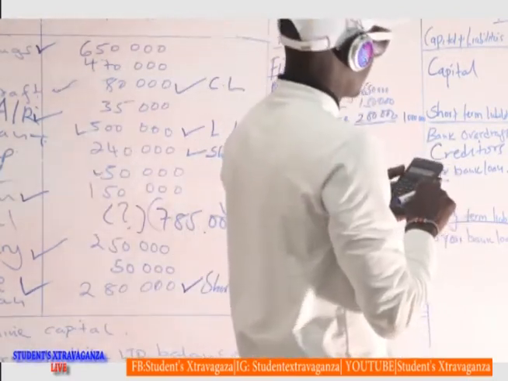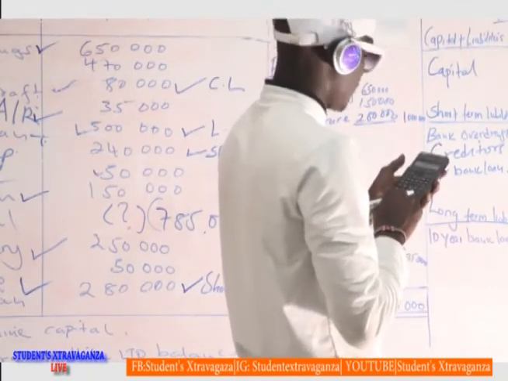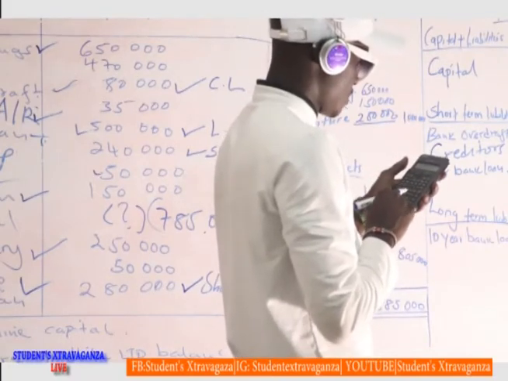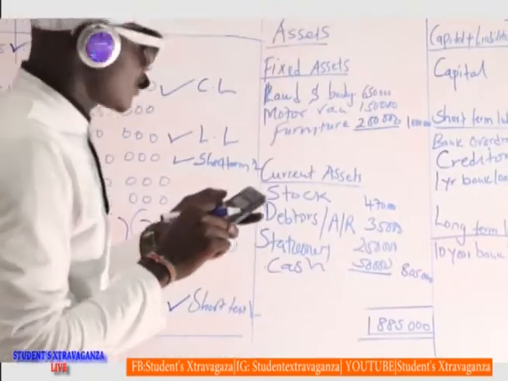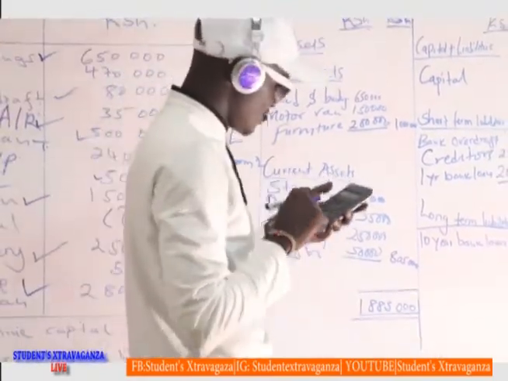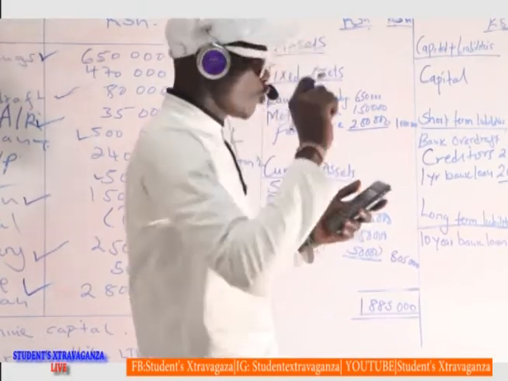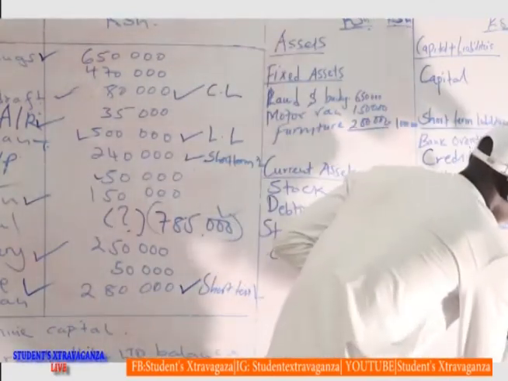Let's check the other side. The other side, we have 785,000. We add it to 600,000, we add to 500,000. We get to 1,885,000.